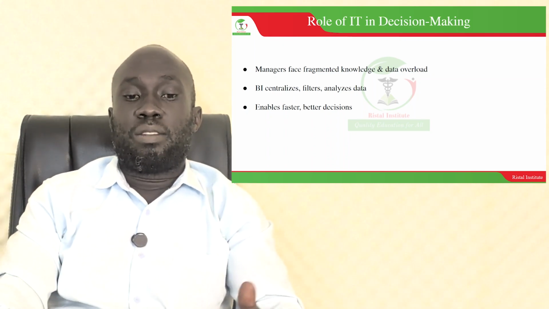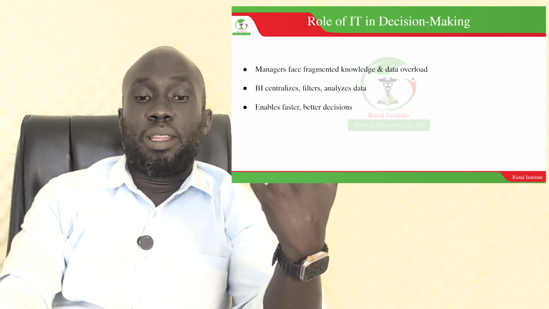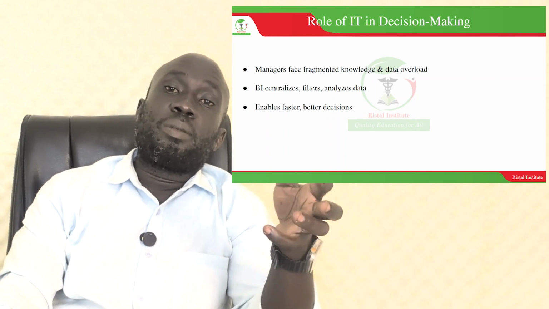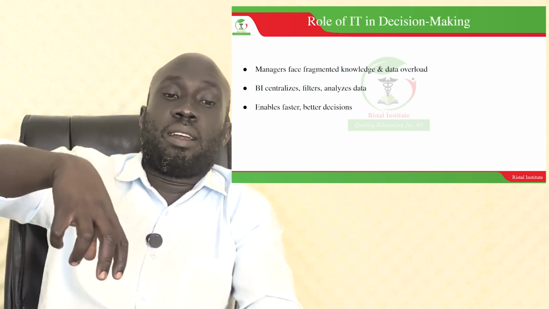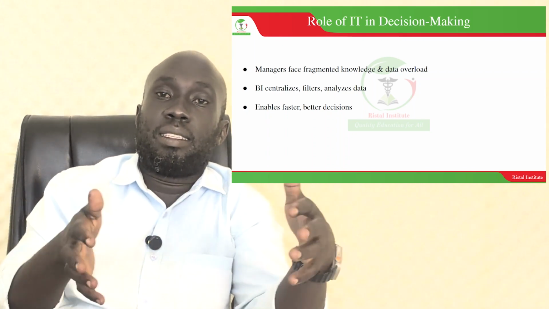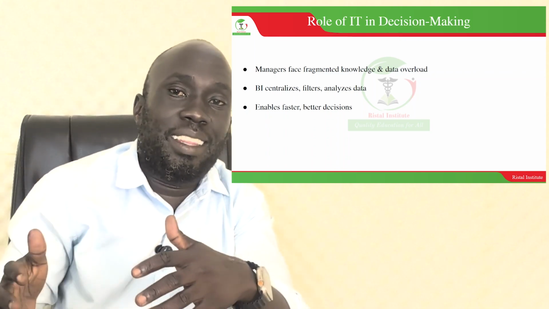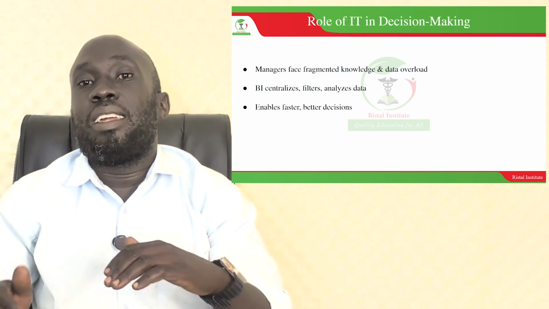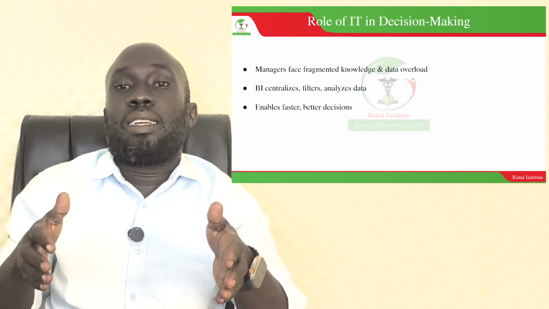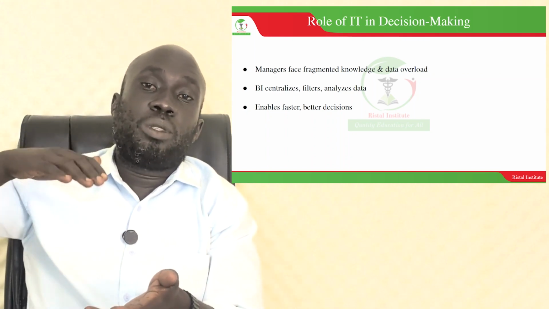So managers face that all the time, and business intelligence helps centralize, filter, and analyze data. It creates a point of focus for data, and then it filters the data. I will not say there is data that is not good, but it determines which data is critically important.